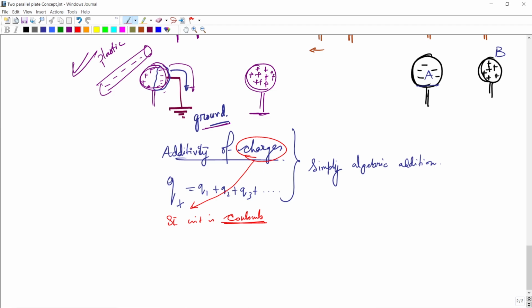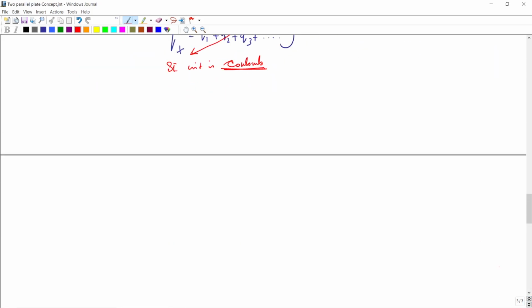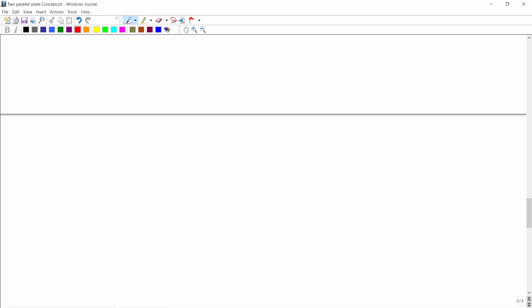Charge is neither created nor destroyed. Atoms are neutral, which means charge is conserved.